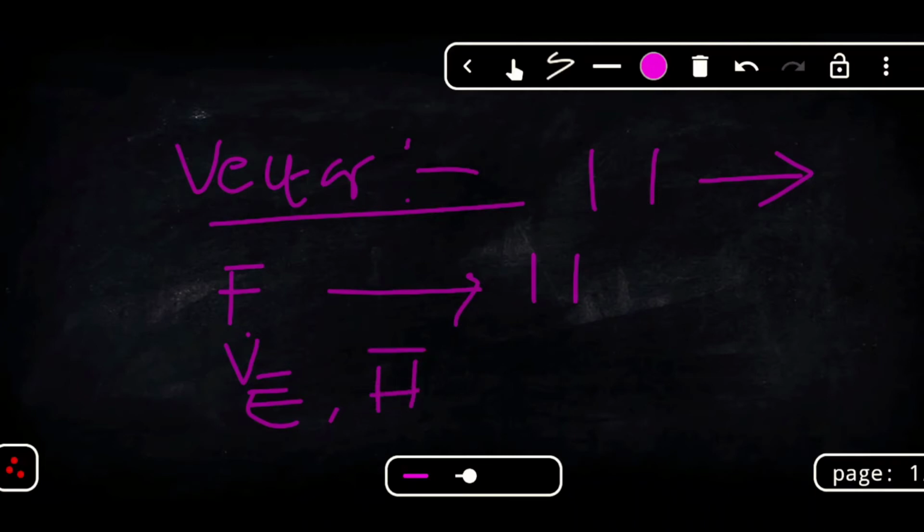These all have both magnitude and direction. Hence, vector analysis is important, because electric field E bar and magnetic field intensity H bar are both vectors.